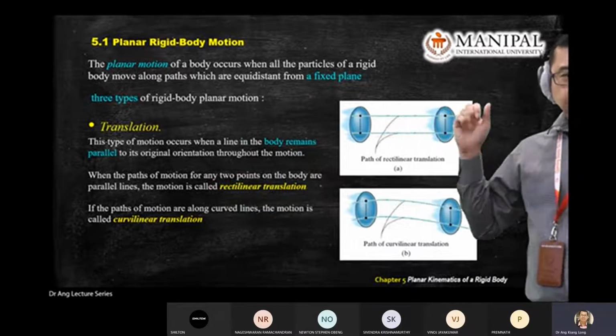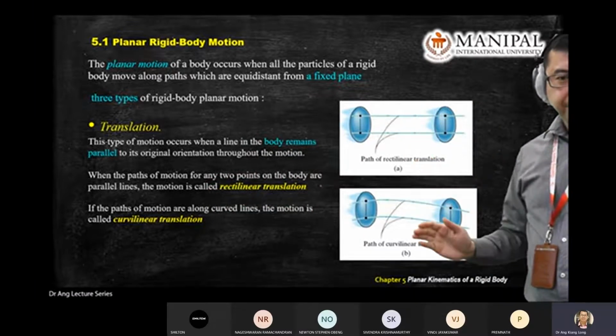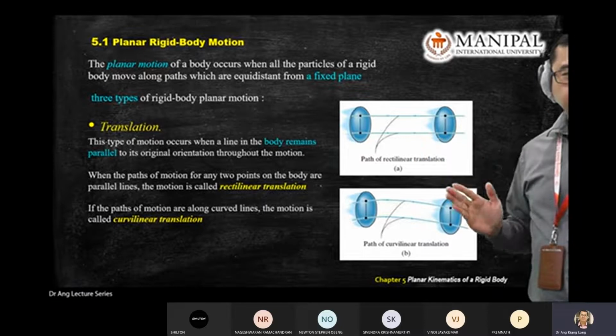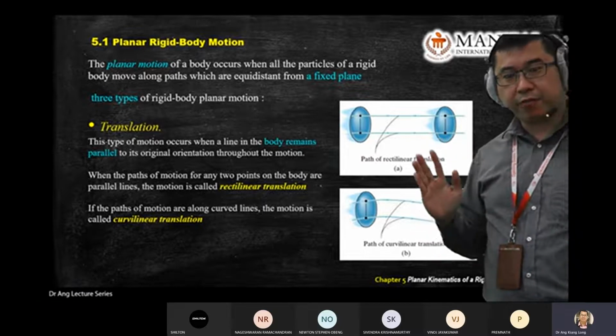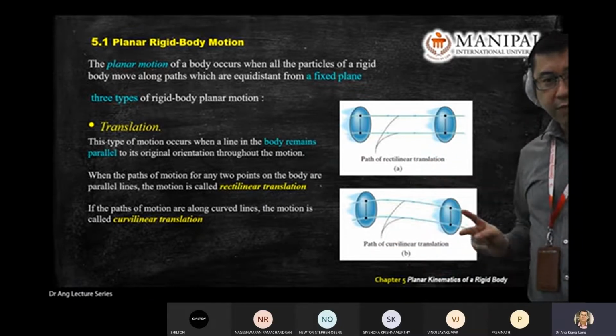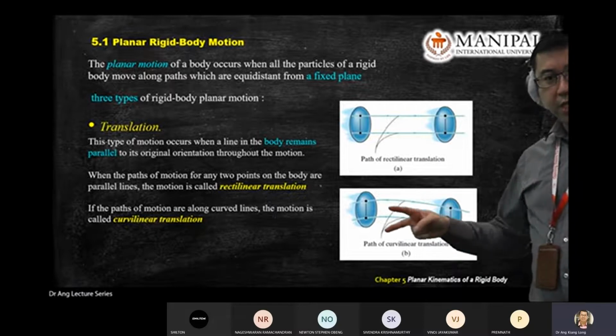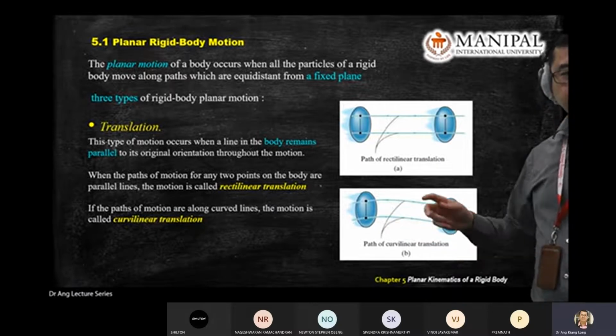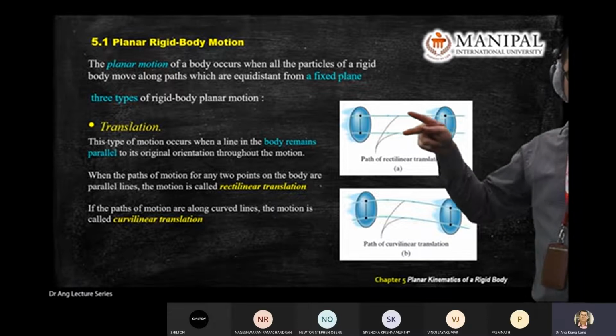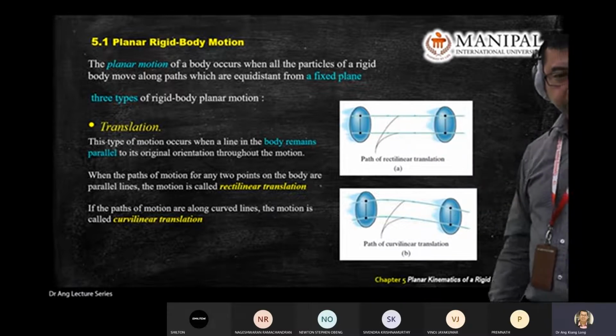So the first type is called translation. You have two types, and each type needs a different type of equation. This one is curvilinear. Again, for curvilinear, you need to see the tangent and normal direction. But for this one, you can use the normal XY coordinate.